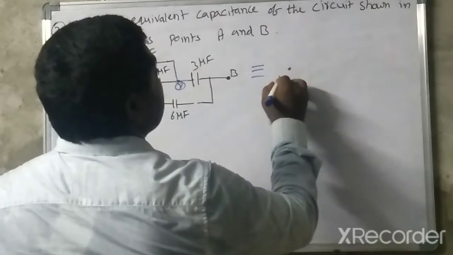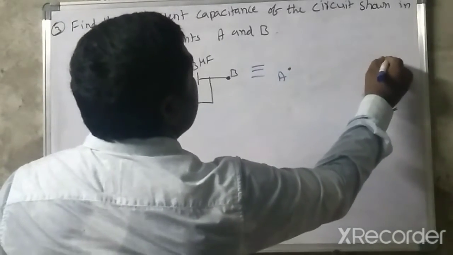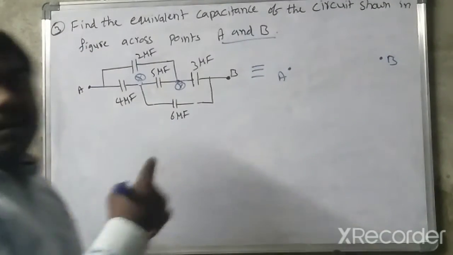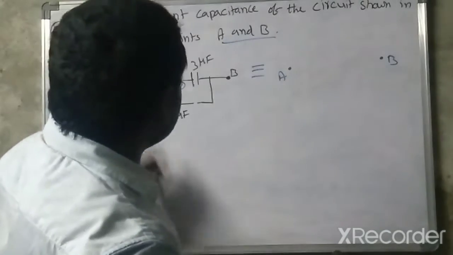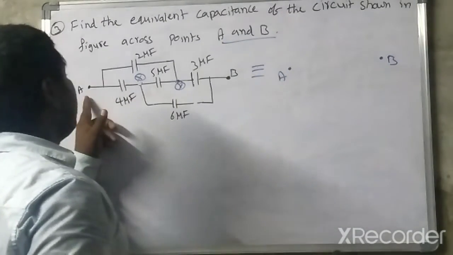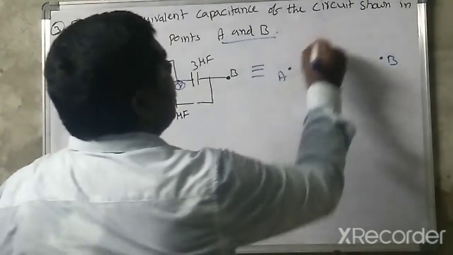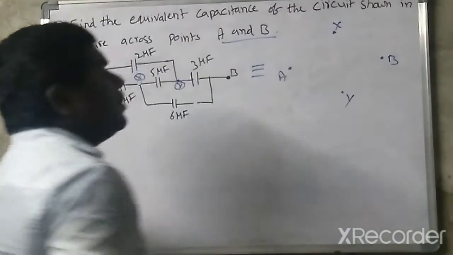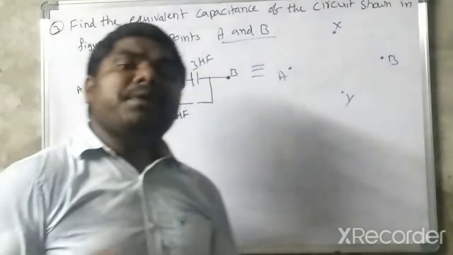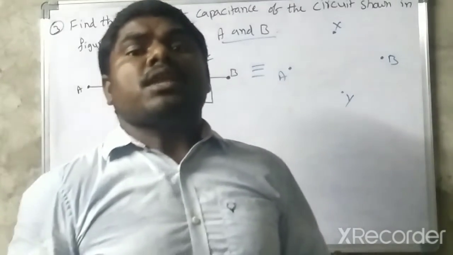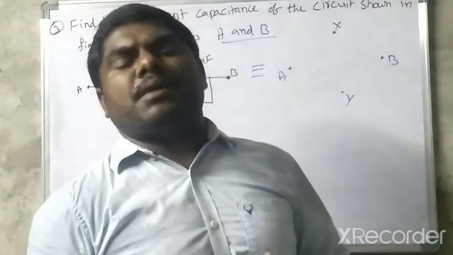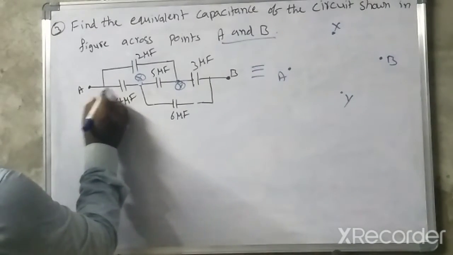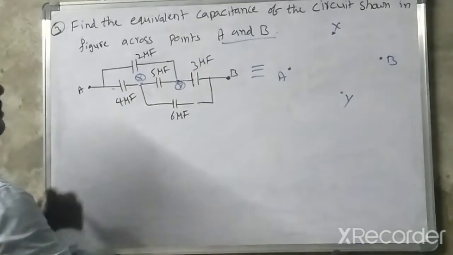First this point is A and this final point is B, because they are asking in between A and B. So you may draw it like this. Second, the point near A is the X point. This one is the Y point. So my dear students, first identify A to X. How many capacitors are there?